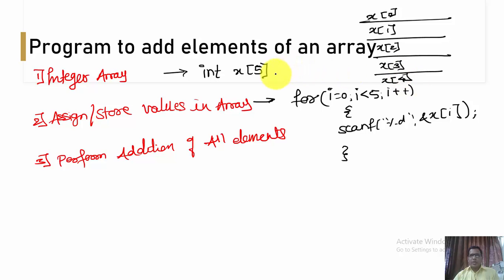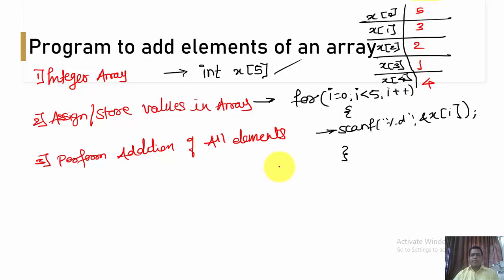So the moment I declare this, the array is generated with x[0], x[1], x[2], x[3] and x[4], right? And the moment I execute this scanf function, initially i = 0, x[i], say my first element I will say as 5, second element, now the value of i gets incremented by 1, say 3, 2, 1, 4, like this.